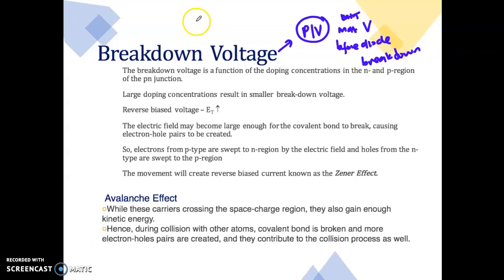When this happens at reverse bias, where we have PIV here, this is what we call avalanche breakdown. Why does avalanche happen? When you have a very high voltage, it will provide energy, right? When it provides energy, it will break the covalent bonds and we start to have some current. But we don't want this avalanche to happen.